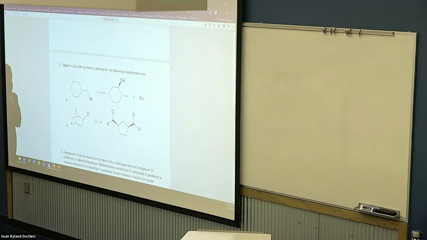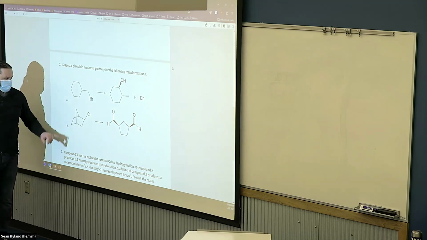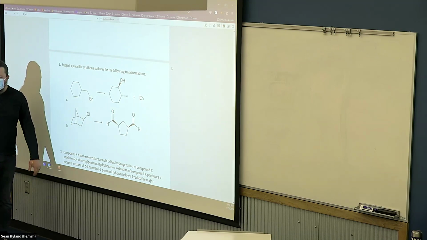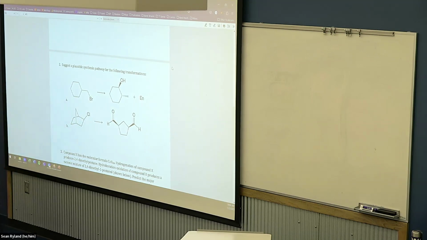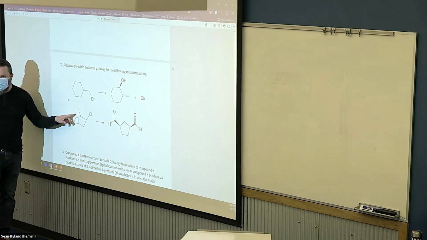Then I said ozonolysis from there to split it right there. That gives you the 5-sided ring, plus a methyl with the carbonyl and a methyl with the carbonyl. With these bicyclics, a lot of times the trickiest part is visualizing it. So recognizing that this is a 5-sided ring is the key there.